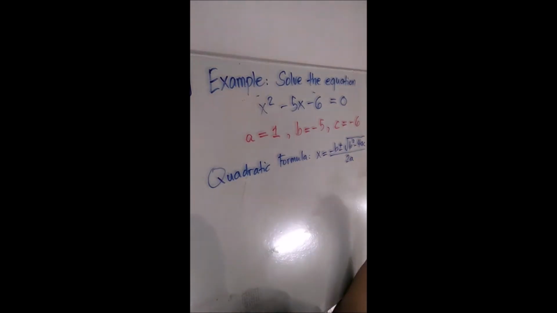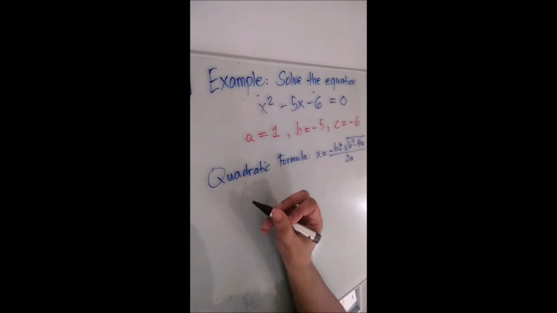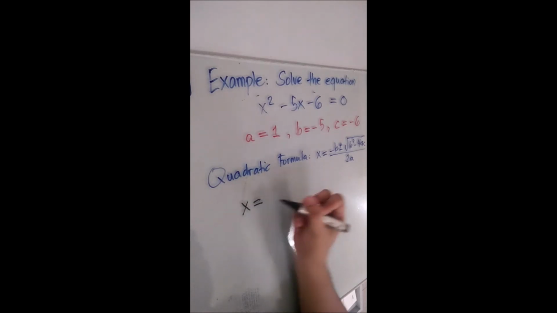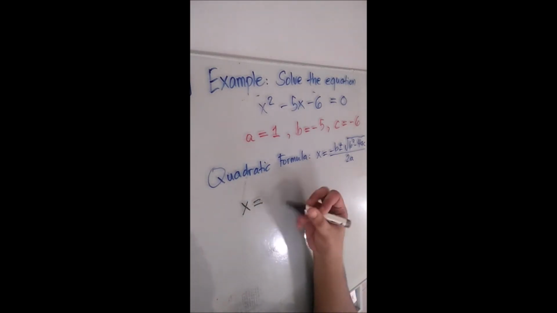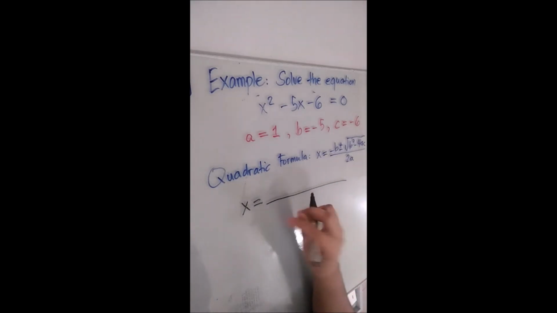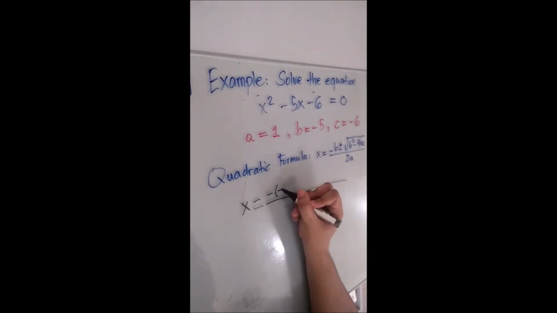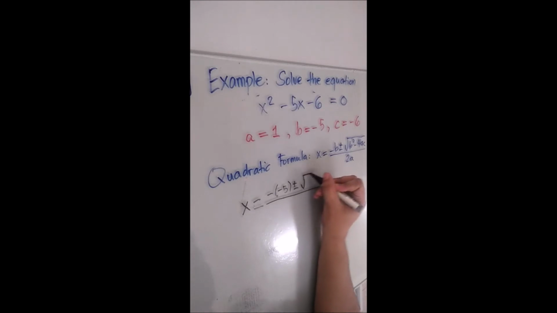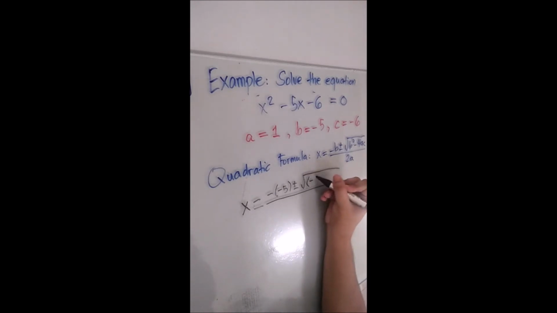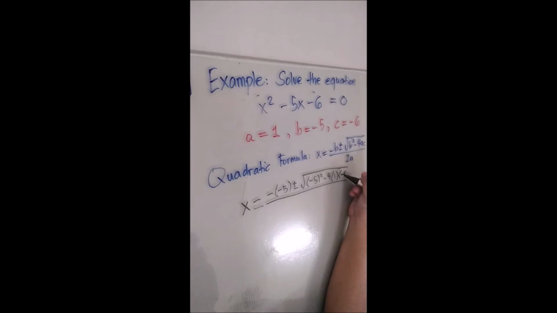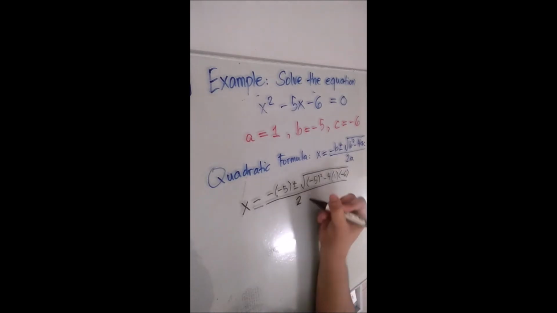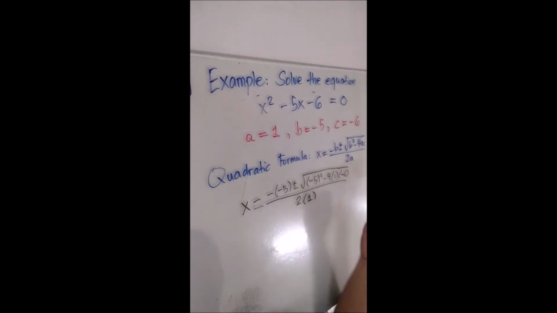Let's have the solution. x is equal to, you substitute b, which is negative 5, plus or minus the square root of negative 5 squared minus 4, a is 1 and c is negative 6, all over 2 times a, which is 1.